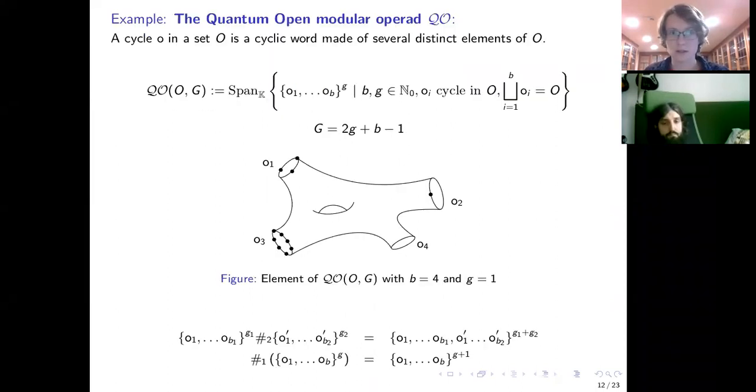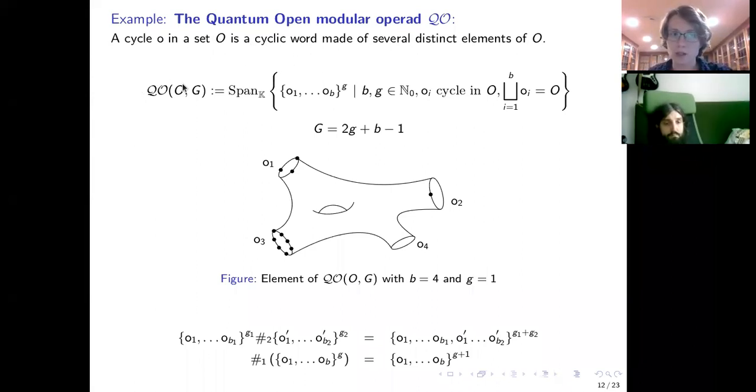And the answer is yes. So if we have the modular operad which should capture the open case, then we have a set O of all punctures. And I will say that there is a cyclic word, which means that I have several distinct elements of this set, and if I act by a cyclic permutation on this word, it will be trivially the same.